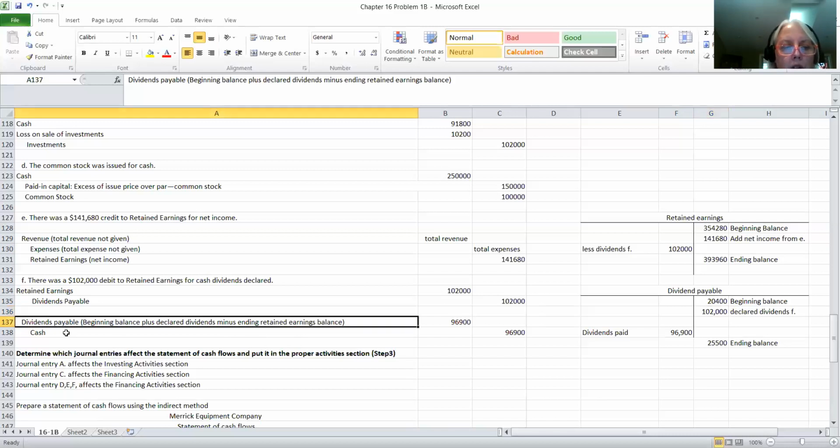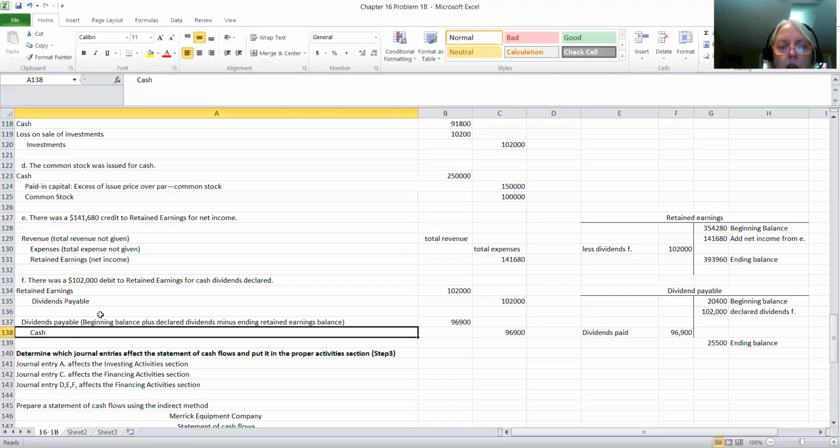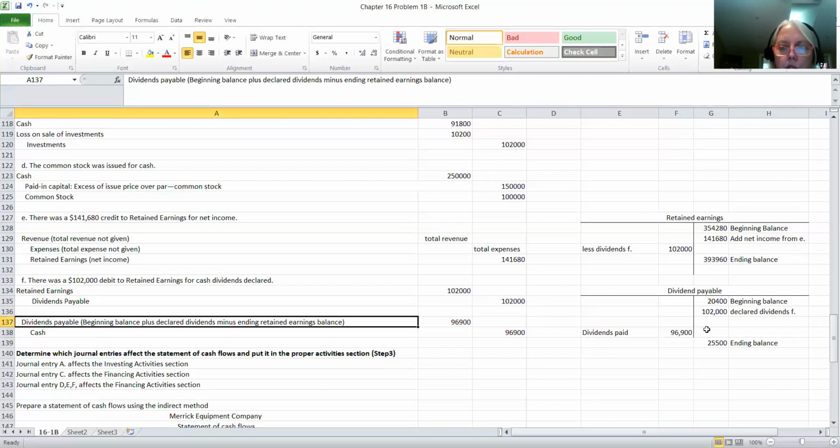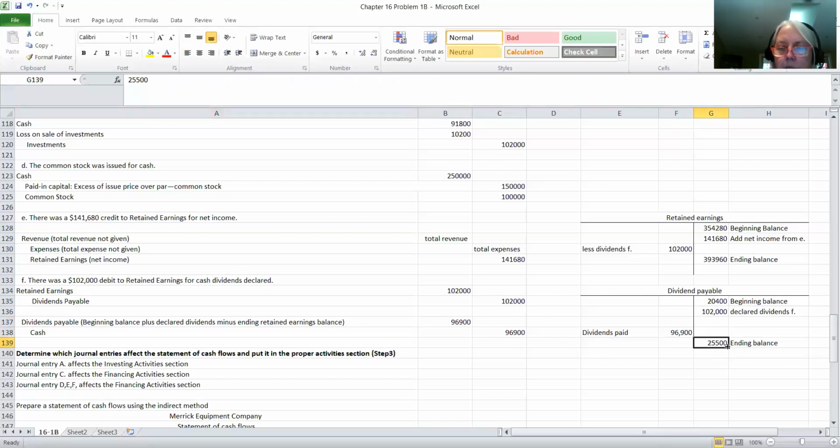You have to determine that in this particular problem. To do that, you need to know what the beginning balance is in dividends payable. You need to know that the $102,000 was declared this year. And then from our balance sheet, they gave us an ending balance in the dividends payable at the end of the year.